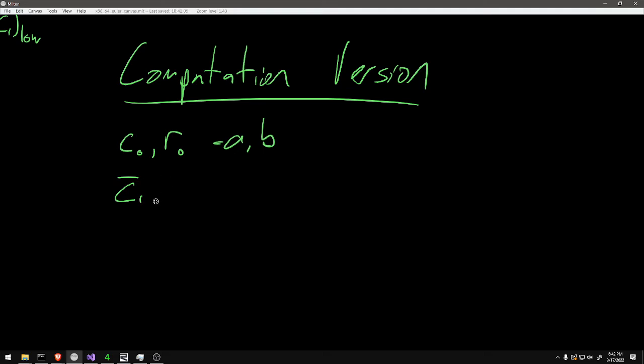Then C1 hat, C1 bar, I mean R1 equals A2B. A1, A0, A1, C2 bar, R2 equals, and I think we're going to throw away the overflow in this implementation at least, A2B. These need to be bars as well. Okay, so that gives us the multiplies.